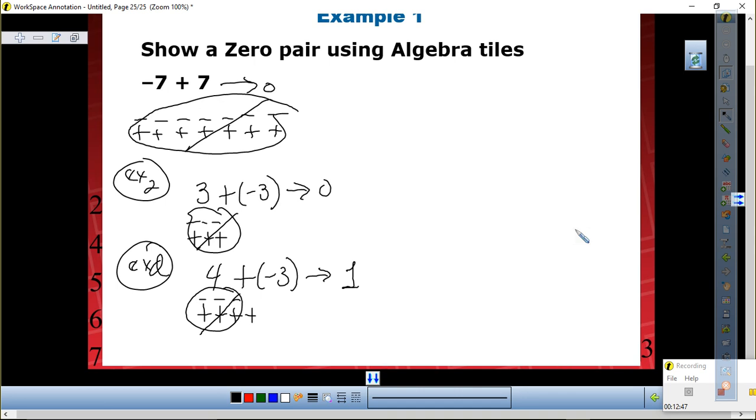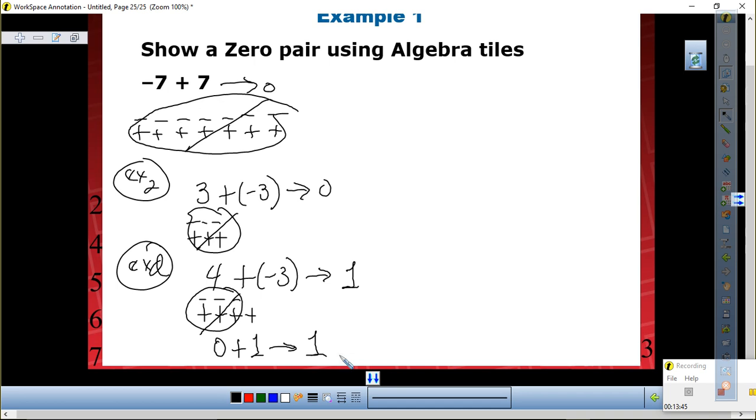What do you have here? 0 plus 1, and that should be 1, and what property is this? Identity property of addition. Does everybody see it now? So once again, what we just saw is that this is 0 plus this is 1, and we also use the identity property of addition.